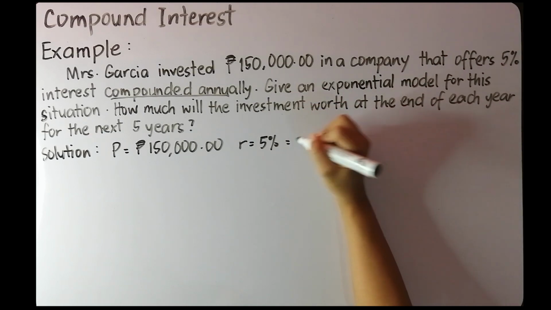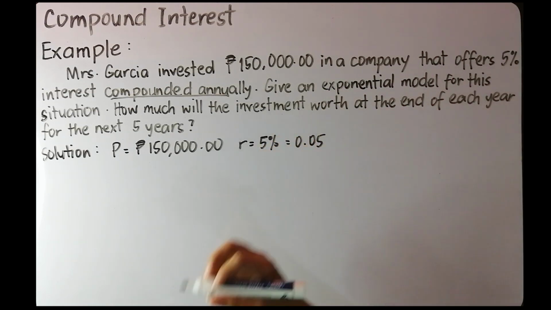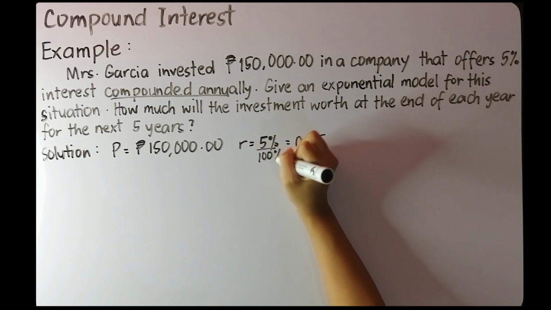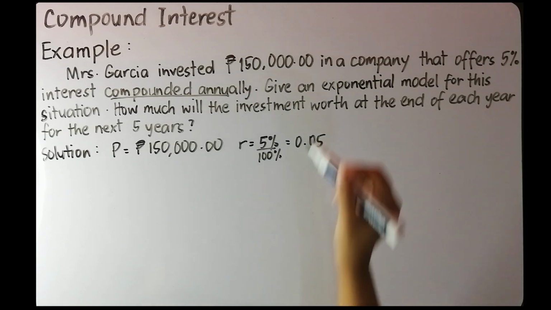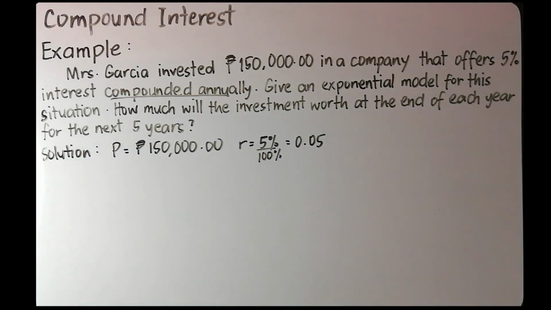That is equivalent to 0.05, just divide by 100. So now let's define the exponential model, but first let's find the worth of the investment for each year.